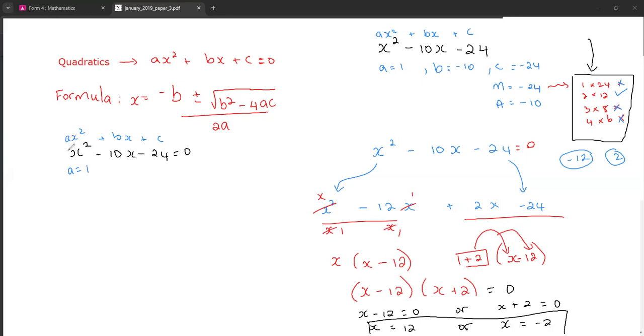So in this case, there's no number, but we understand that it's 1. B, my unknown will be negative 10. C, my unknown will be negative 24.